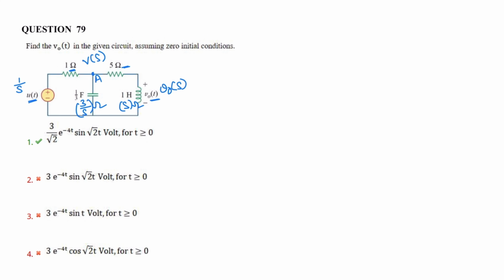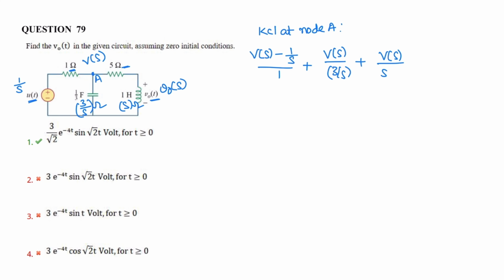Next, apply KCL at node A. So the expression is V of s minus 1 by s by 1, plus V of s by 3 by s, plus V of s by 5 plus s into 1, which is equal to 0.